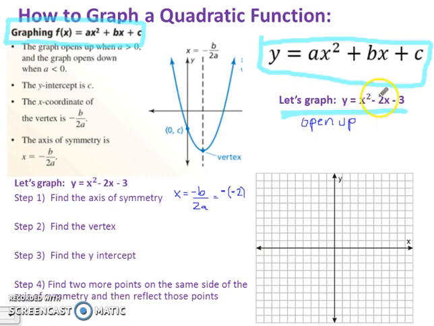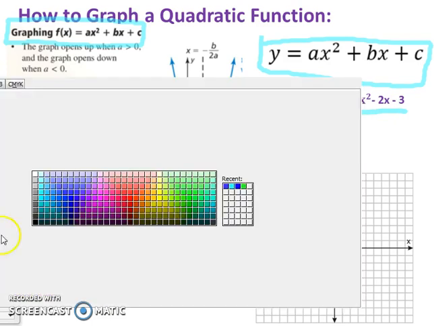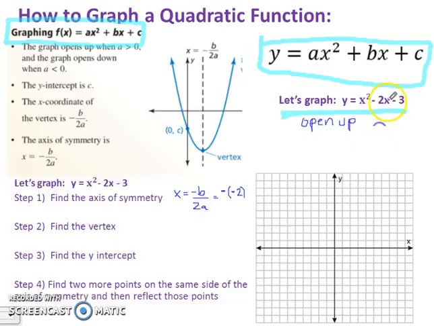Be careful of your negatives here. The formula asks for the negative b term, and since my b term happens to be negative, that is why I did a double negative there. We had a negative 2 for my b term. And then I'm going to put it all over 2 times a, and my a term happens to be 1.